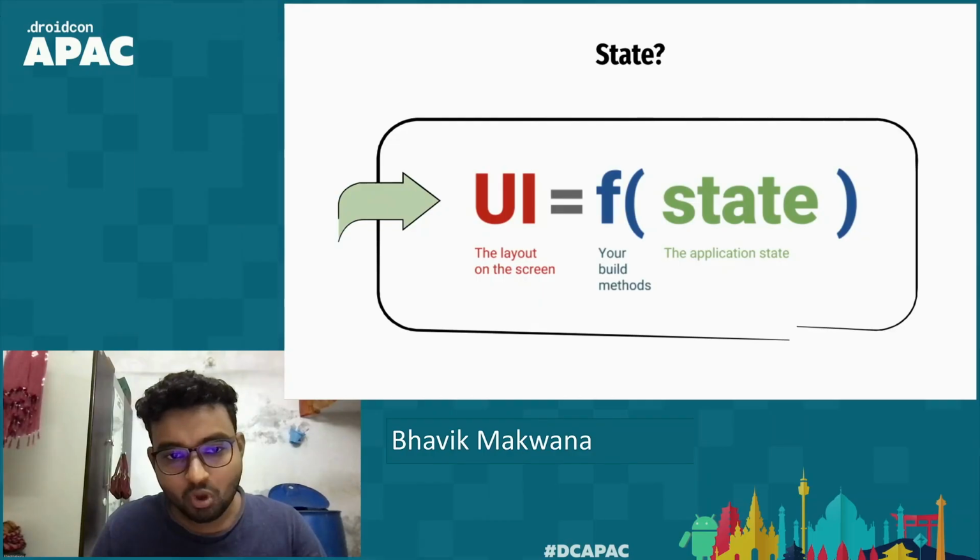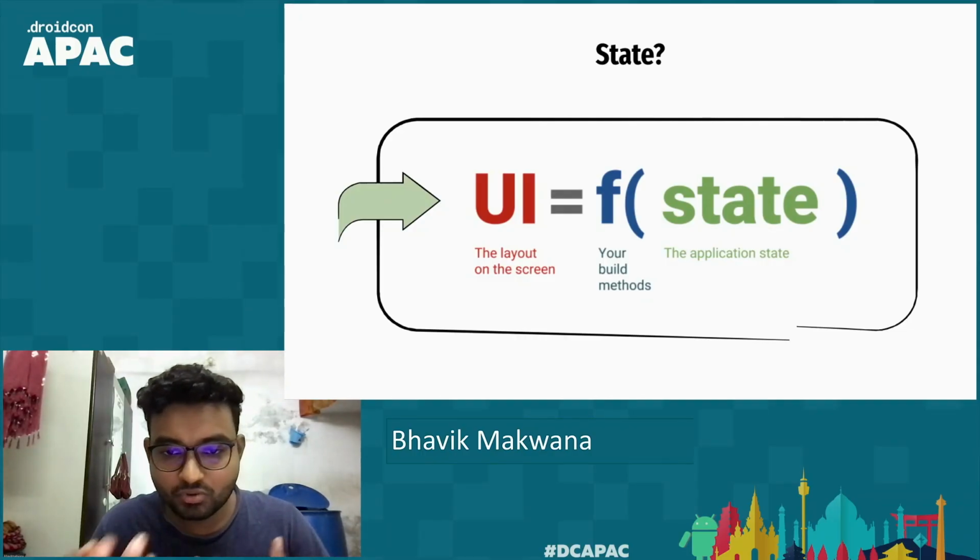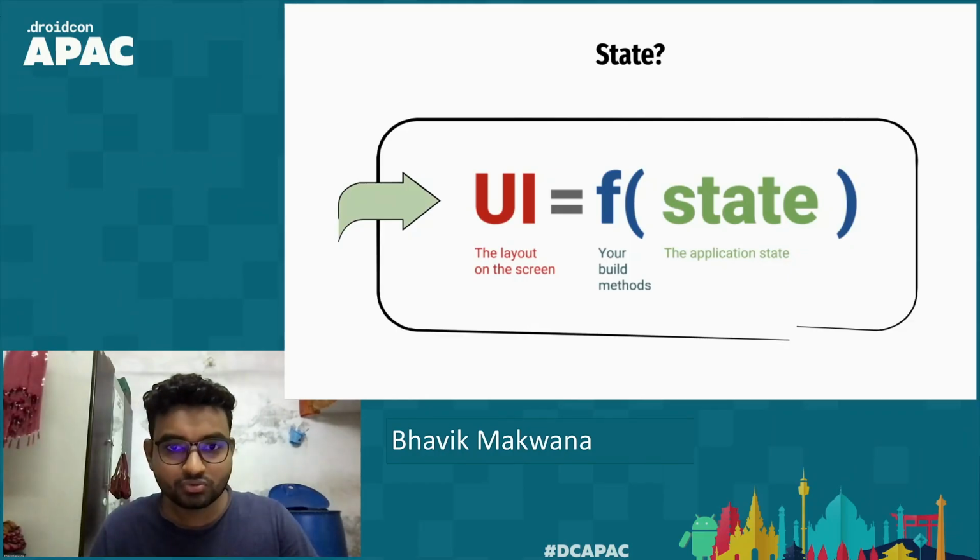Whenever the application state changes, it will run the build method again, and it will be reflected in your UI. So a piece of information that is our state, whenever it changes, our UI is going to change. This is a simple definition of state.